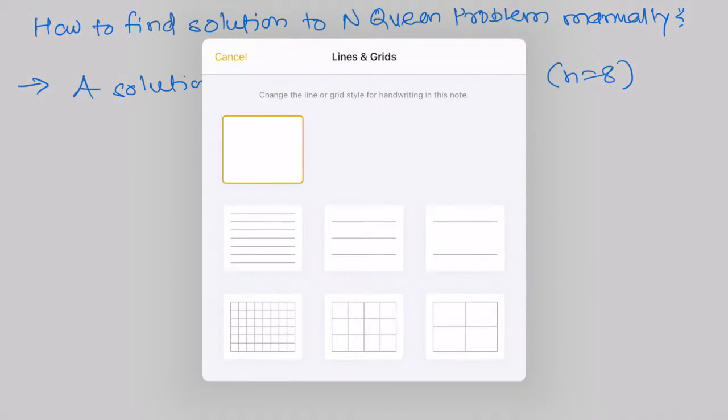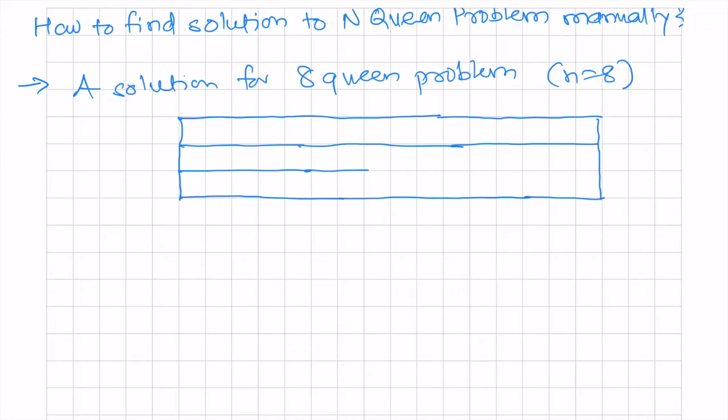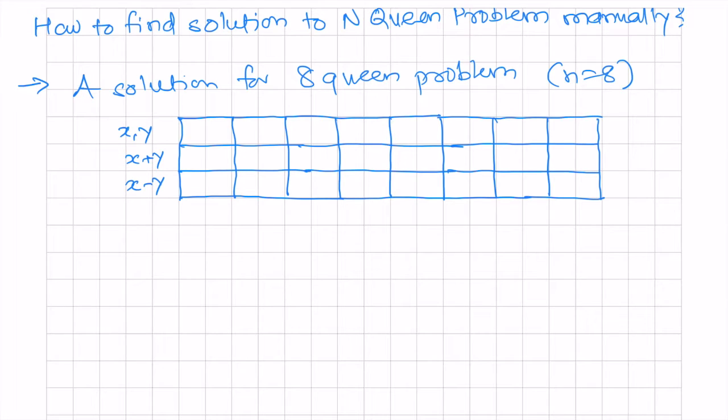Let me draw that table first. Okay, we have our table ready. The first row in the table denotes x comma y, the coordinates where each queen should be placed. The second row is x plus y, the sum of the coordinates, and the third row is x minus y, the difference between the coordinates.